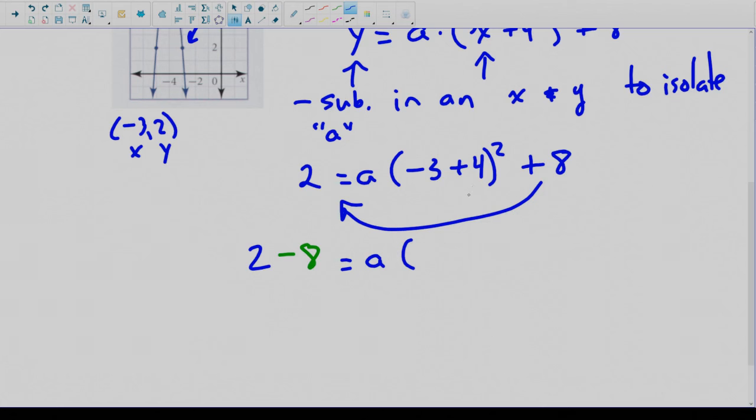Now, to speed things along a little bit, folks, we're going to group the -3 plus 4 because they're in a bracket right next to each other, so they can group up. So what is -3 plus 4? -3 plus 4 is 1.